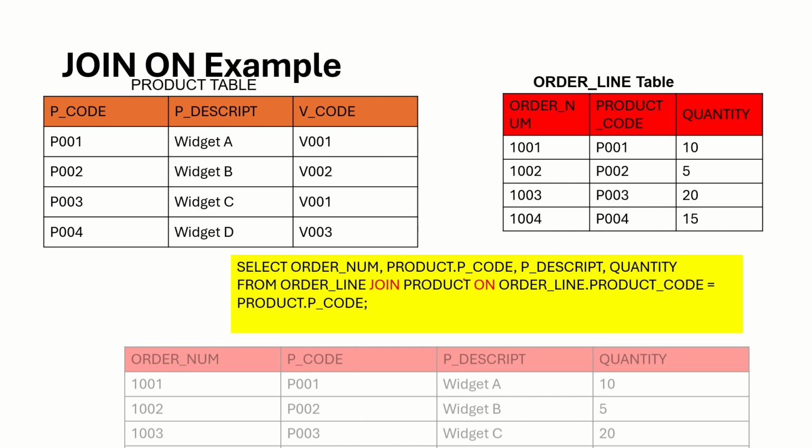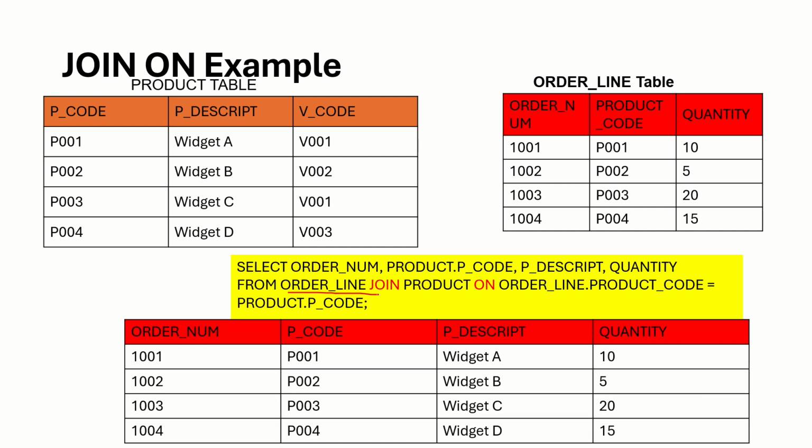So this is the case. We join two tables, and in the ON clause we figured out that product code is the same as P code, so we use product code equal to P code. Now this gives you the result which you want.